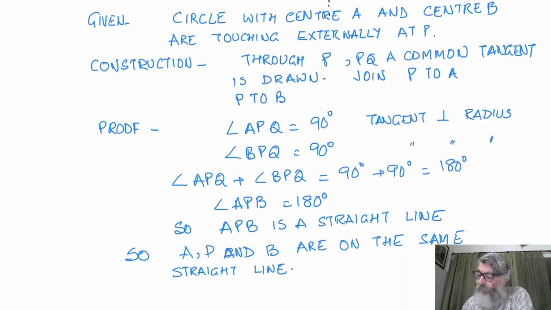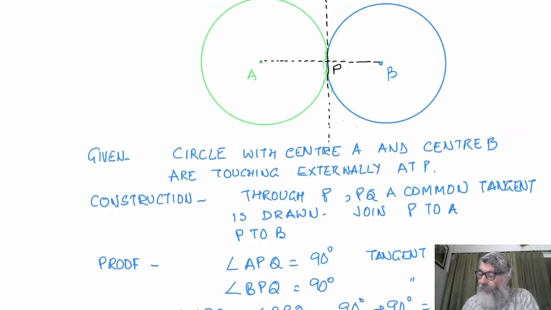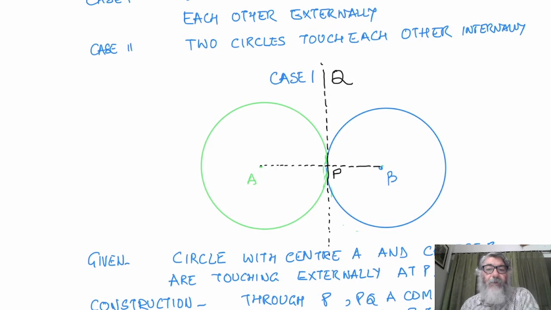So in other words, P lies on the line joining A and B. And A and B are the centers of the circles. So this is the first case, when two circles are touching each other externally.